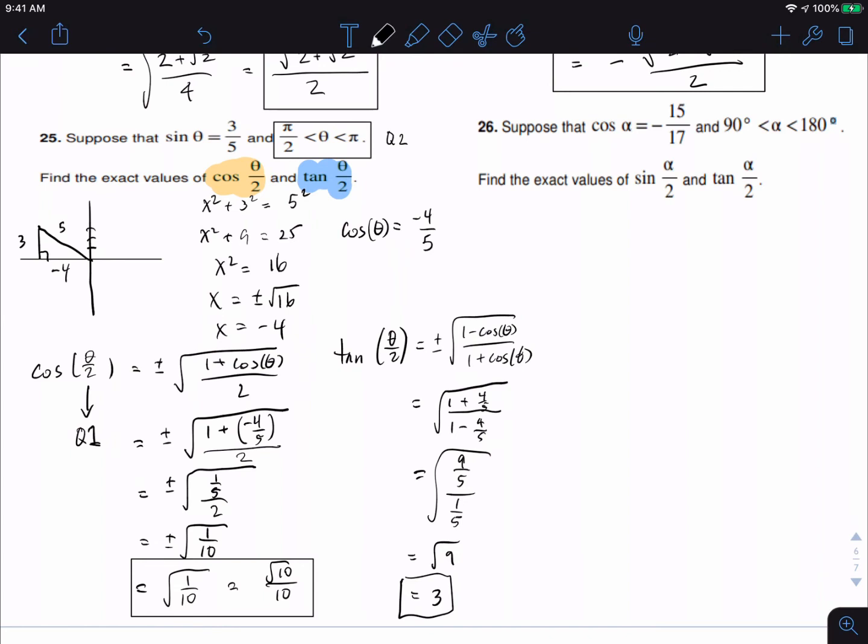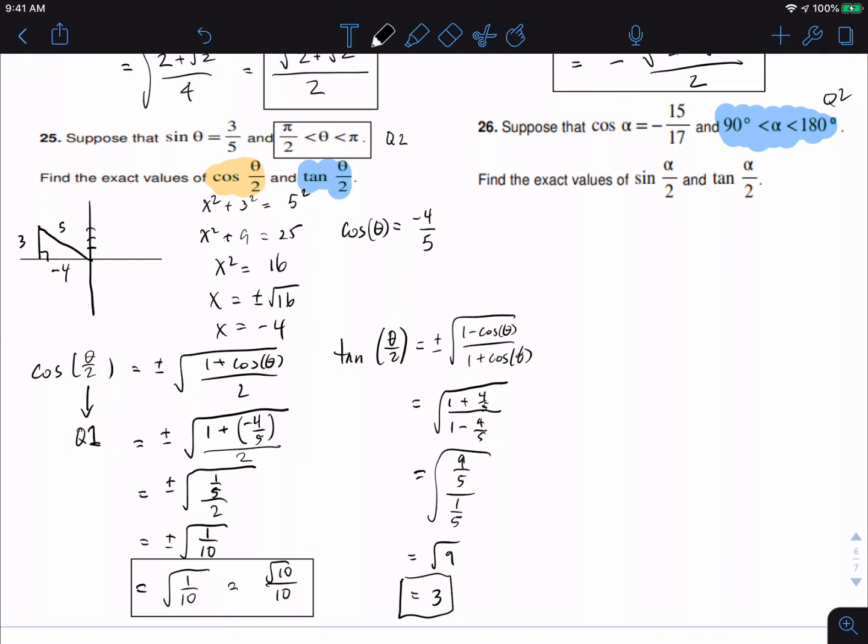All right. Now, for the next example, we are looking at cosine alpha is a negative 15 over 17. Again, we're given degrees in this case, not radians. I'll just highlight it. So this here is the quadrant that we're in, and so that puts me in quadrant 2, correct?